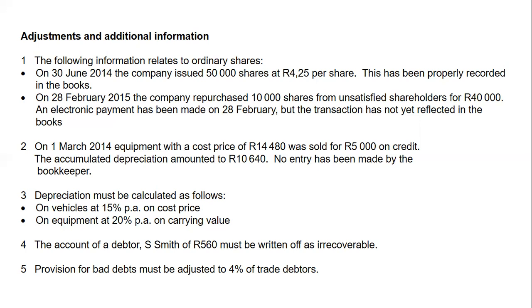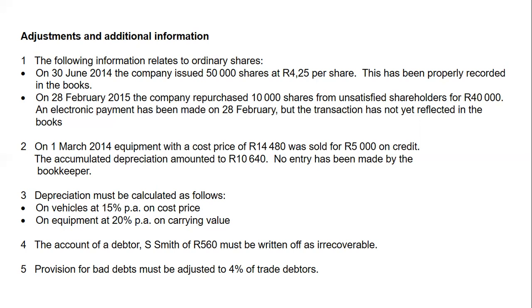No entry has been made by the bookkeeper, meaning that the cost price of equipment simply includes the cost price of this asset sold, because you were supposed to reduce it, but in this case you didn't.